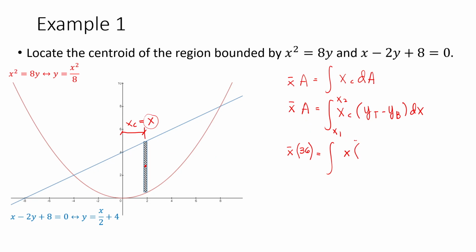Then multiplied by the y top, which is the blue graph, x over 2 plus 4, minus y bottom, the red graph, x squared over 8, dx from negative 4. So again, that's the same coverage, going to 8.